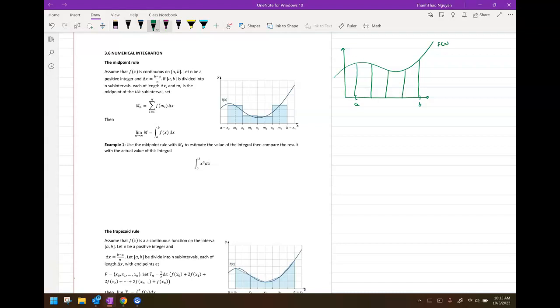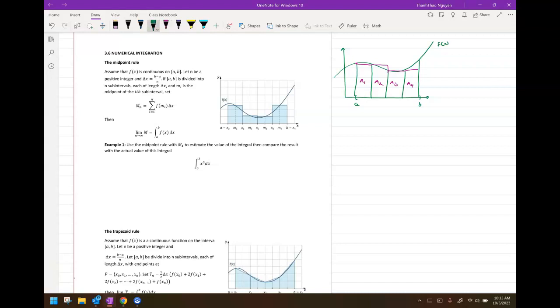If you use the left endpoint, then we estimate the area underneath this curve by calculating this area here, and we add them up. So area 1, area 2, area 3, and area 4.